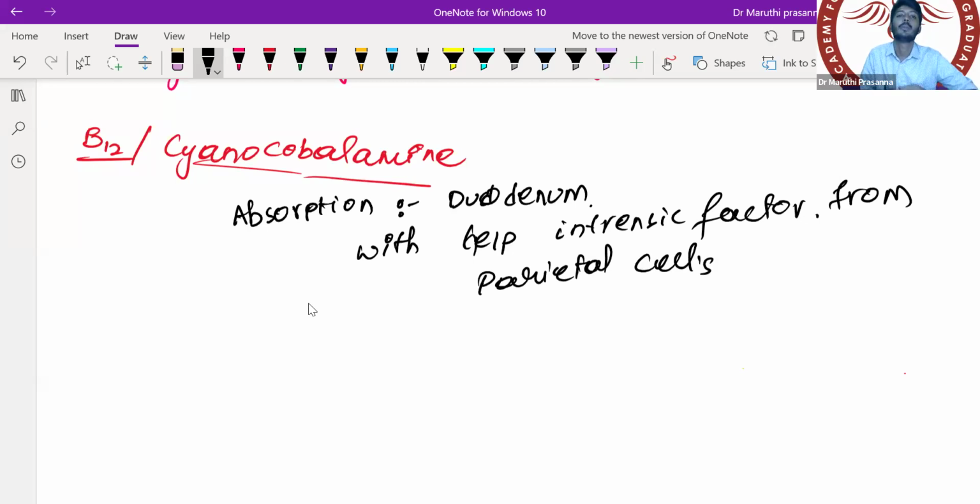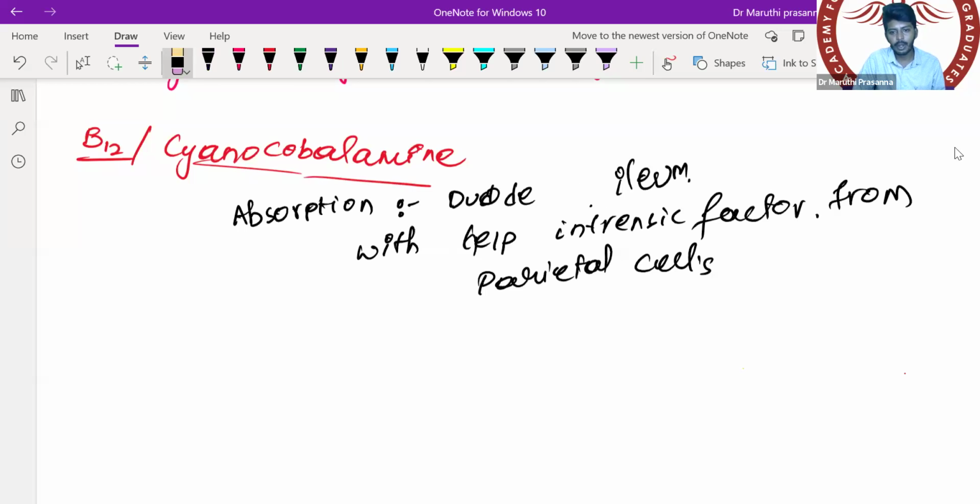So parietal cells of the stomach produce intrinsic factor. Absorption also occurs at the ileocecal junction, a small amount in the duodenum, and also in the ileum.